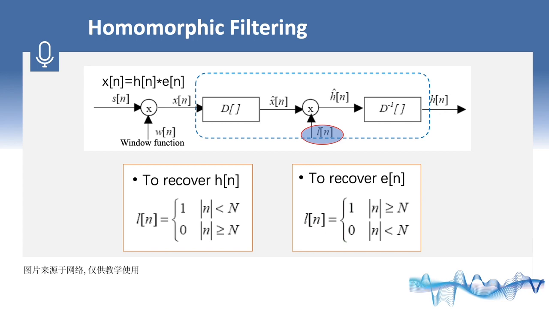The goal is to separate out the excitation impulses from the remaining components of the complex spectrum and to use spectral window L[n] to separate the excitation pulses from the vocal tract. The filtered signal is processed by the inverse characteristic system to recover the vocal tract component.